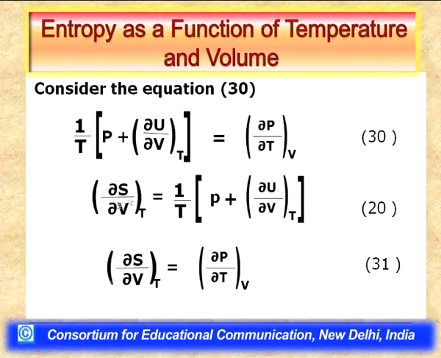Now, if you remember equation 20, the second differential coefficient, which I said is a little difficult to determine because it involves the term (∂U/∂V) at constant T. This differential coefficient, which was figuring in the entropy change expression, we have now got in equation 30 expressed in terms of an easily determinable differential coefficient, that is (∂P/∂T) at constant V. So, by comparing equations 30 and 20, we get simply (∂S/∂V) at constant T equal to (∂P/∂T) at constant V. This is the expression we get.